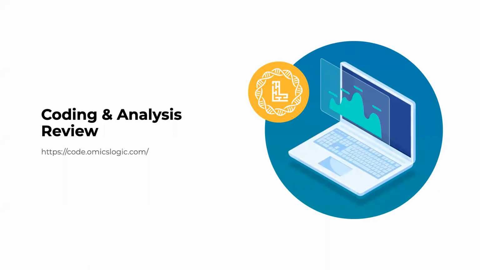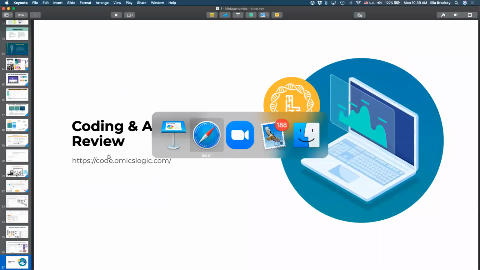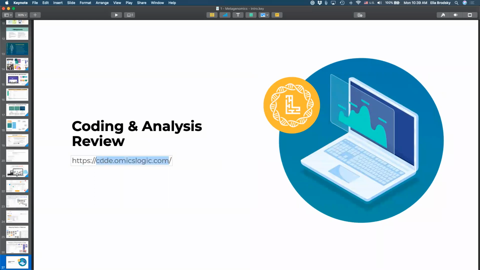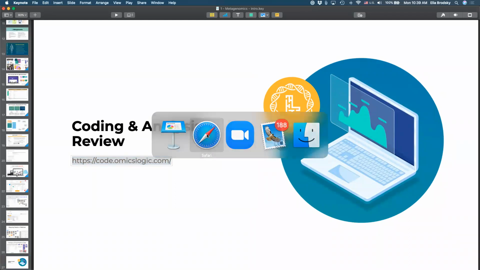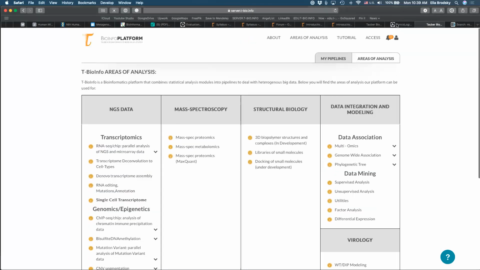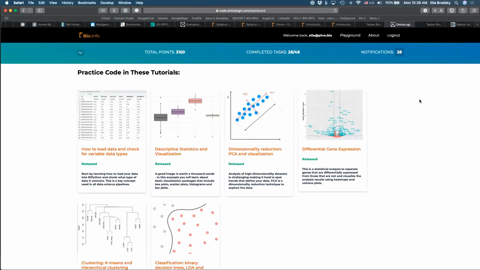Okay, so let me just show you an example. If you go to code.omicslogic.com, you will get access to different courses sequentially. You have to log in using the same email address that you have used to register for the program.